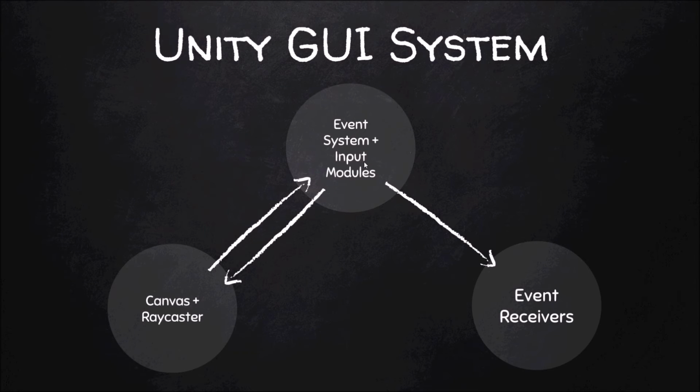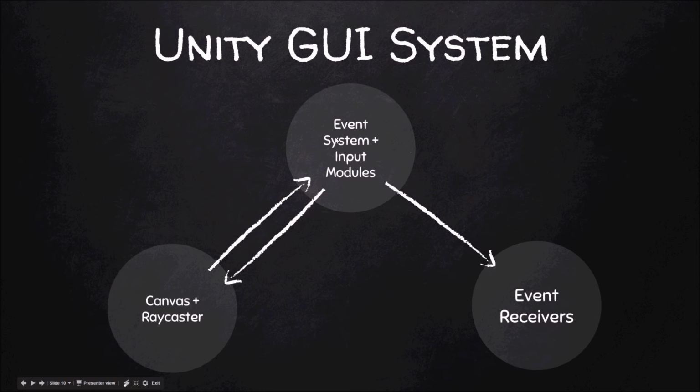For example, he has clicked the mouse button, and for that user input, the event system will use the raycaster which is attached to the canvas to determine which GUI element has been affected by that user event. For example, if I clicked on the screen, the raycaster will determine if that click was on a button or a slider, etc. And the canvas holds all these GUI elements, all these buttons and sliders, and the raycaster is attached to that canvas.